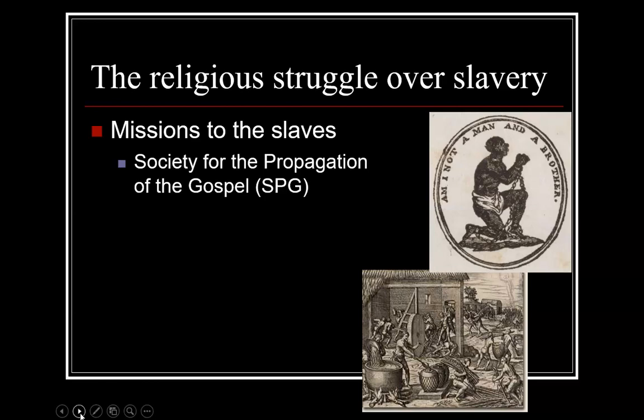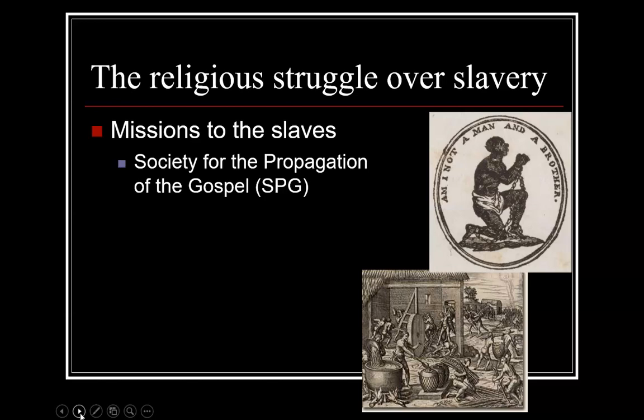And so they wanted to see the Church of England have a greater influence. They looked at Catholic missionary efforts, particularly the Jesuits, and really admired that.